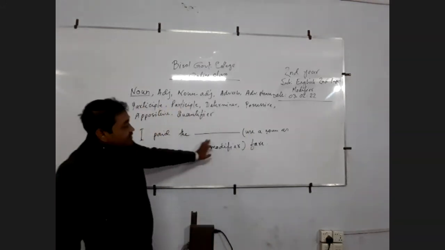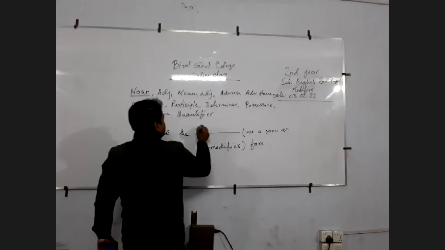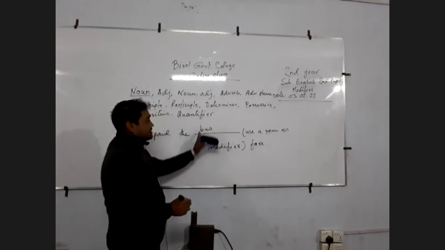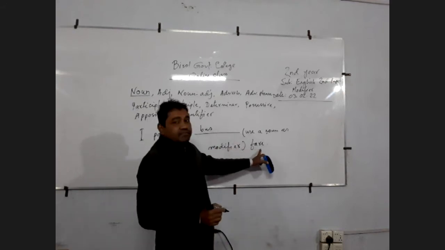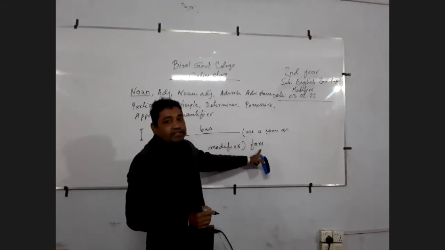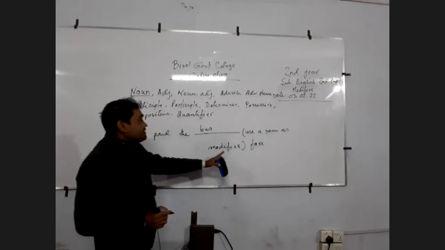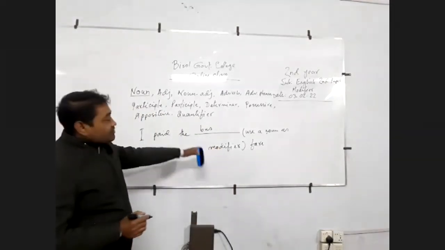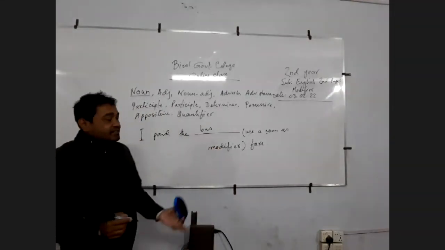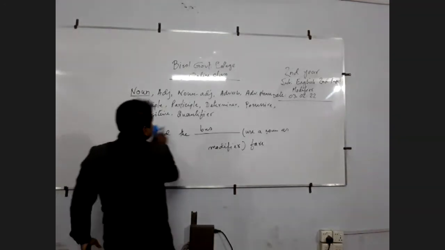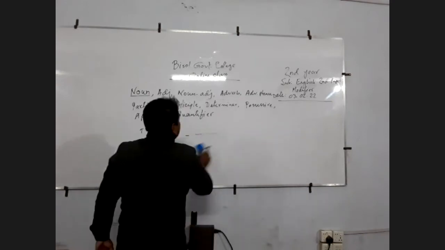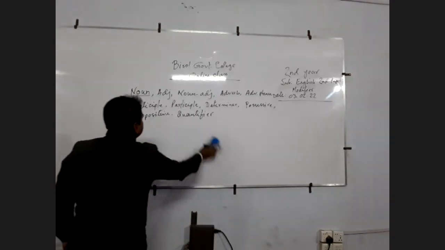So I paid the bus fare. The word bus is a noun. Here, bus has modified the word fare. That means what kind of fare you have to pay? The bus fare. So bus fare, house rent, car rent, all these words are nouns used as modifiers. So I think it has been clear to you.